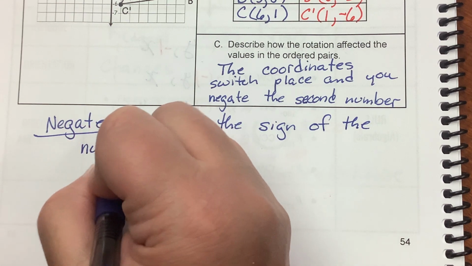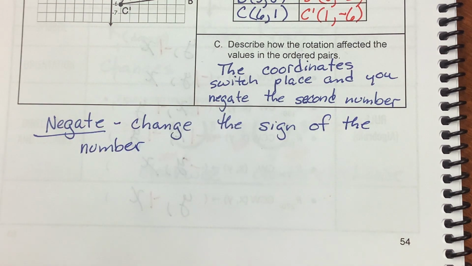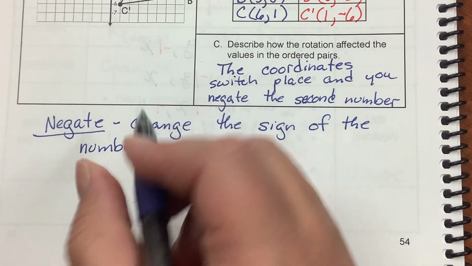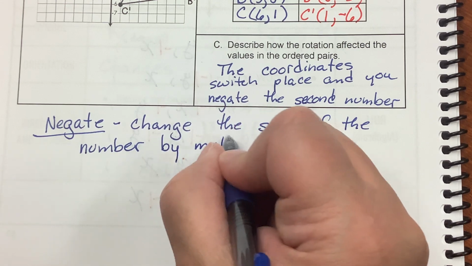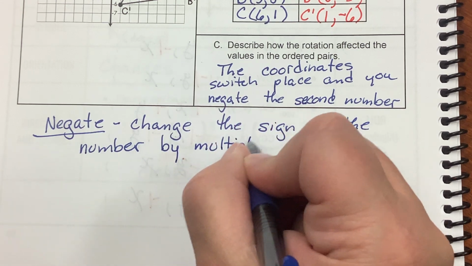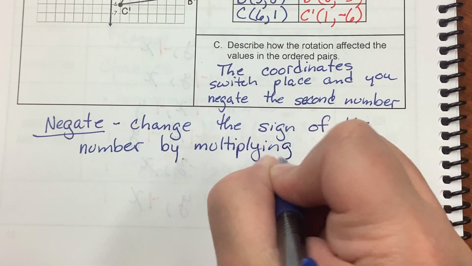Now remember how we discussed multiplying by -1 to change the sign of the number? That's what negate means. So change the sign of the number by multiplying by -1.